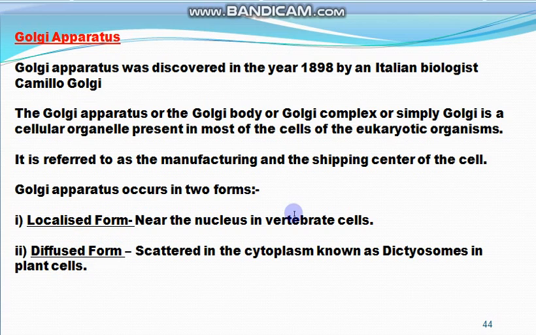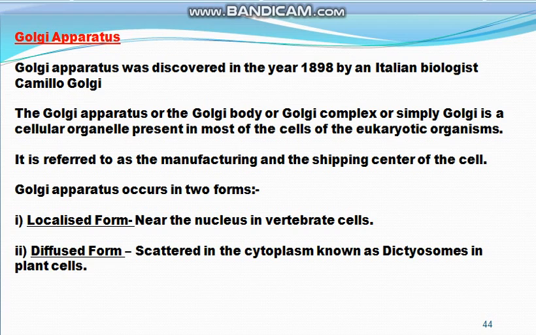In the localized form, it is present near the nucleus in the vertebrate cells, that is, the cells of vertebrate organisms. In the diffused form, it is scattered in the cytoplasm, and when it is scattered in the cytoplasm, it is known as dictyosomes, basically in plant cells.